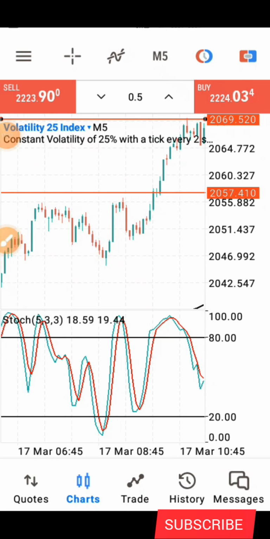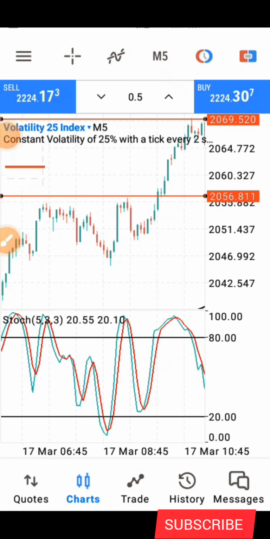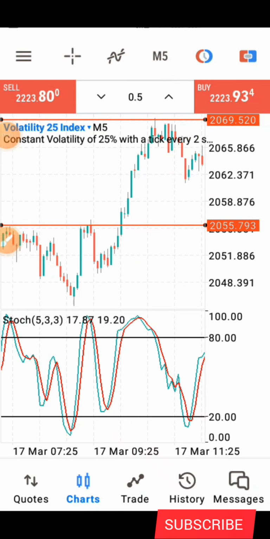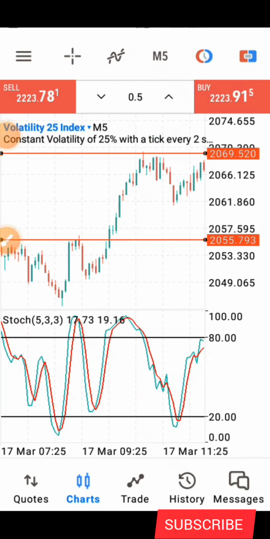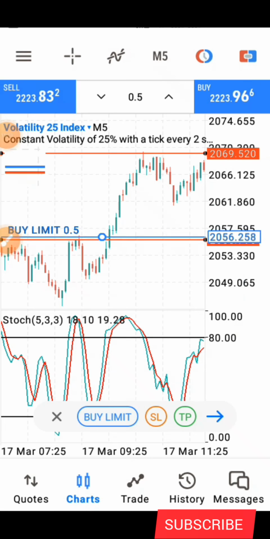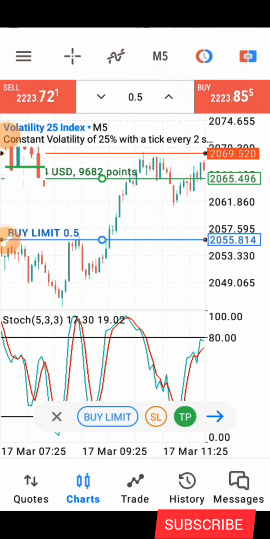This is where we took our entry from, around this area here, and this is where our TP area is.